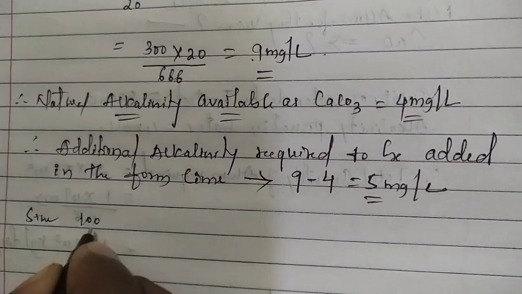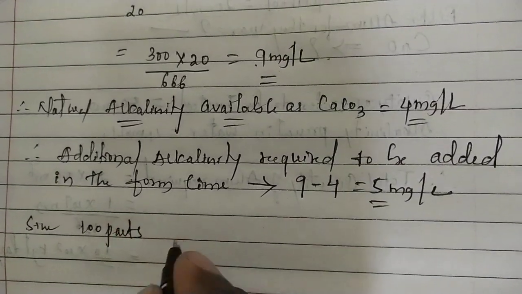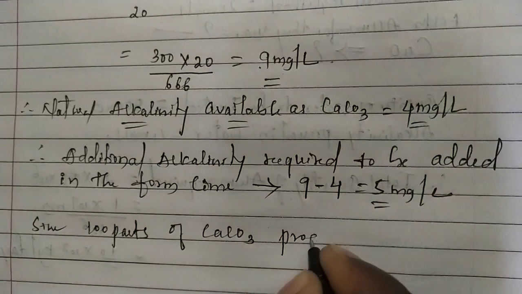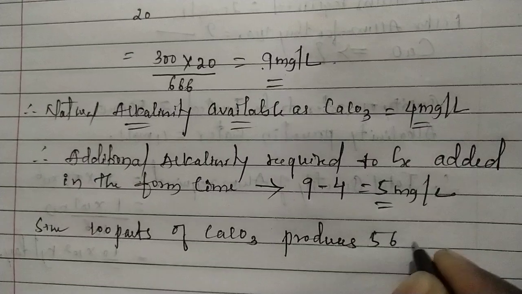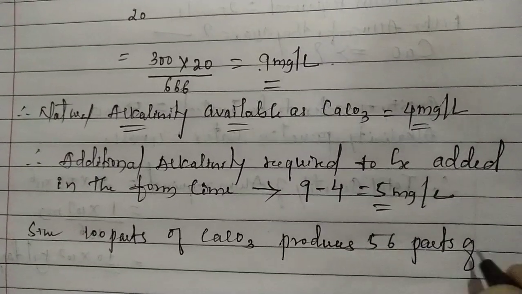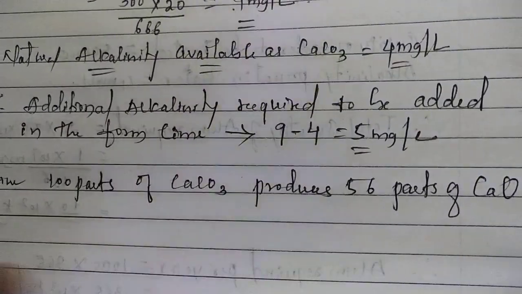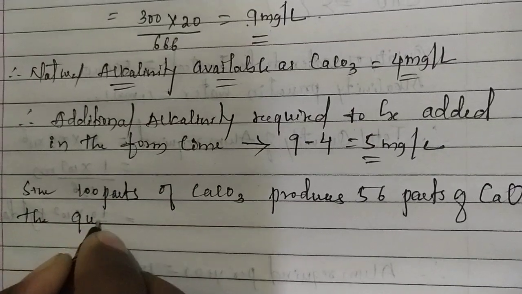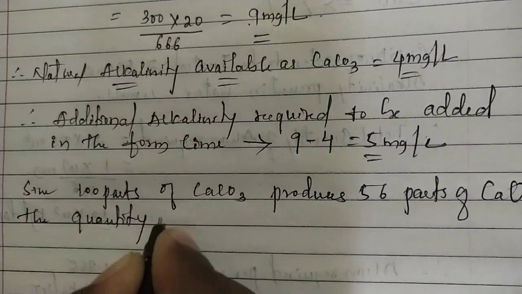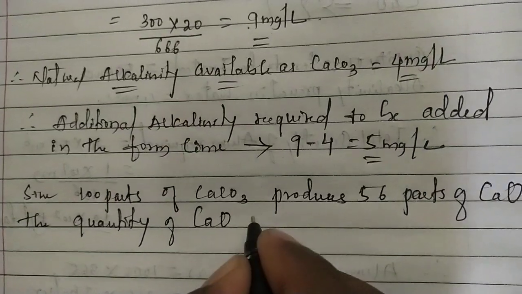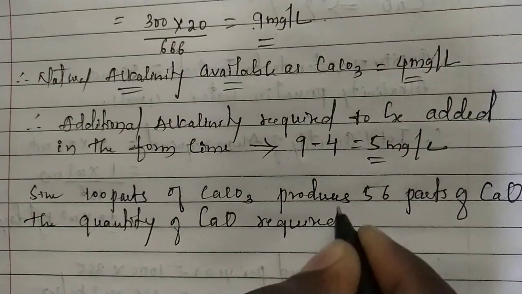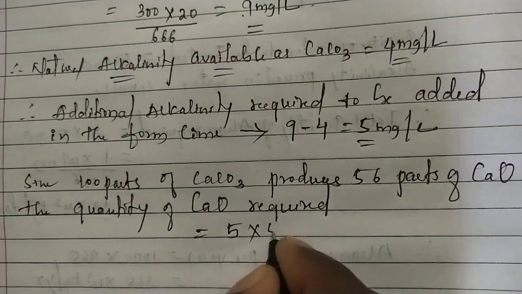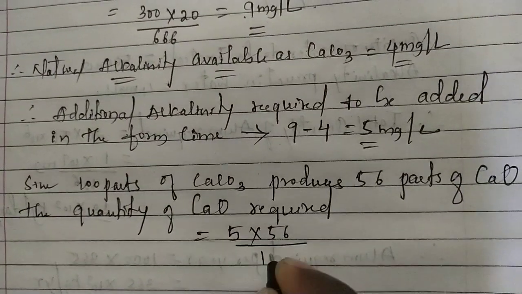Since 100 parts of calcium carbonate corresponds to 56 parts of quicklime, that is calcium oxide, the quantity of calcium oxide required is equal to 5 into 56 divided by 100.